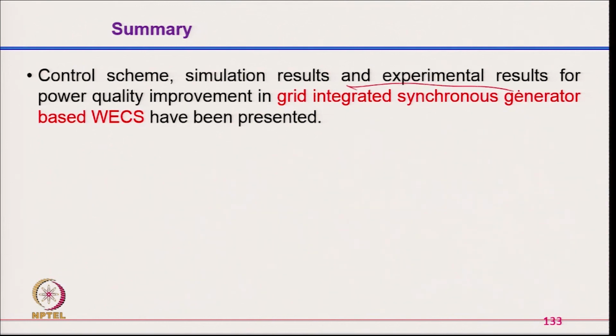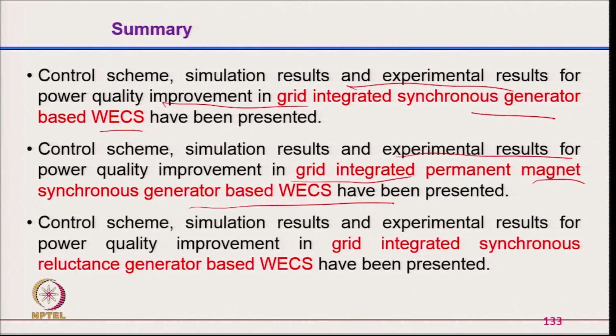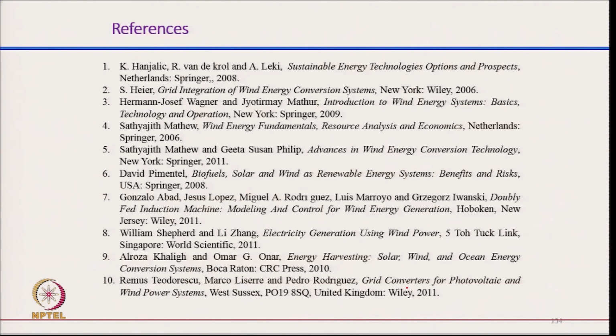Control scheme, simulation results and experimental results of power quality improvement in a grid connected synchronous generator based wind energy conversion system are also given here, and likewise for a grid connected PMSG based wind energy system, and for a grid connected synchronous reluctance generator.